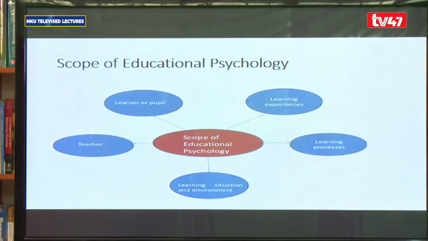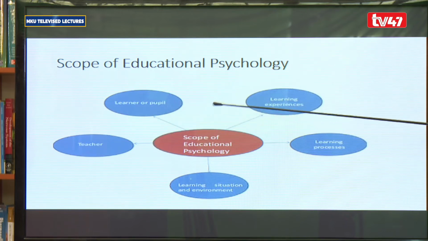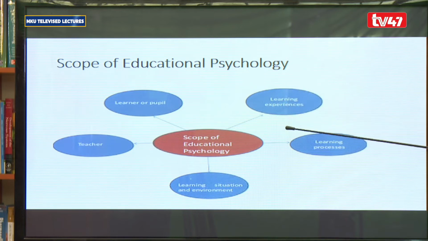Then we also have what we refer to as the scope of educational psychology. As I have portrayed in this diagram, you can see the scope is in red. One of our concerns in educational psychology is the person whom we call the learner or the pupil. We are also concerned about the learning experiences.